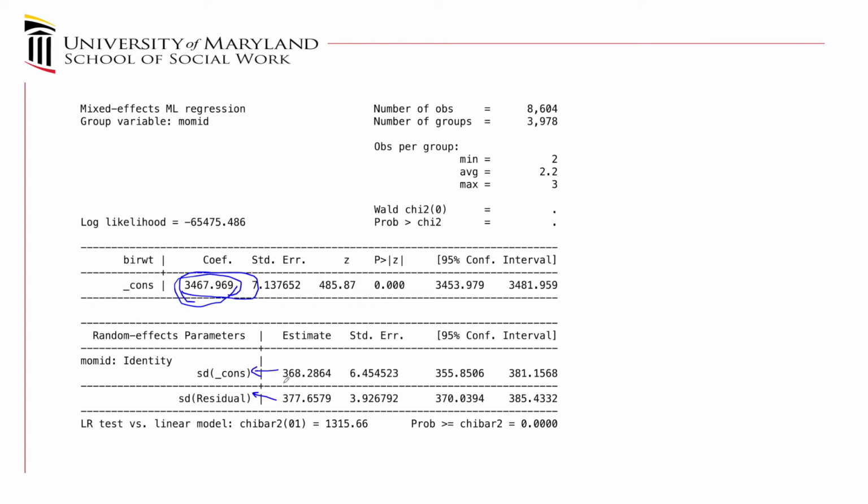And what we can see here is that the between mother variance and the within mother variance have a pretty close relationship. These are standard deviations, not variance terms. When we square them, that difference will get bigger. But no, they're pretty tight. They're pretty close.